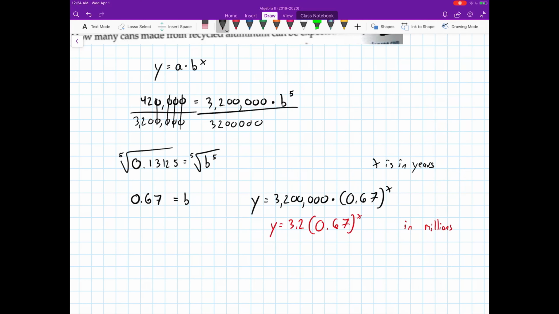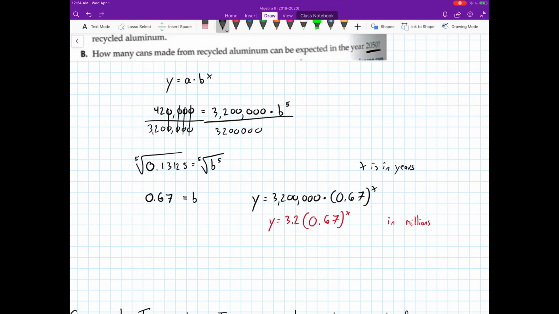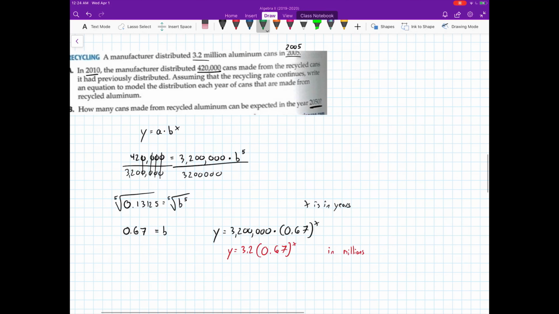All right, so for part B, how many cans made from recycled aluminum can be expected in the year 2050? For part B, what I want to do is just use the equation and put the number of years that has passed for my x.